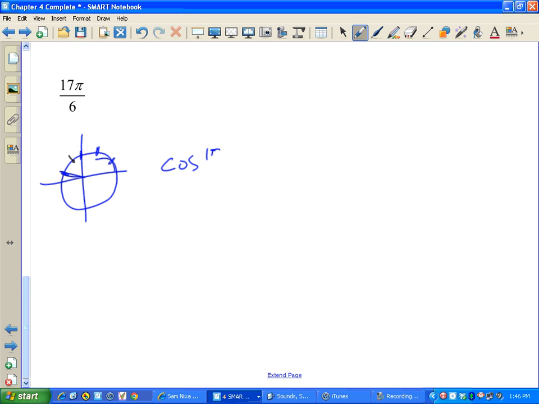So cosine of this is going to be the big one. And it's in the negative direction. I'm close in the y direction. So I get the small one and it's positive.